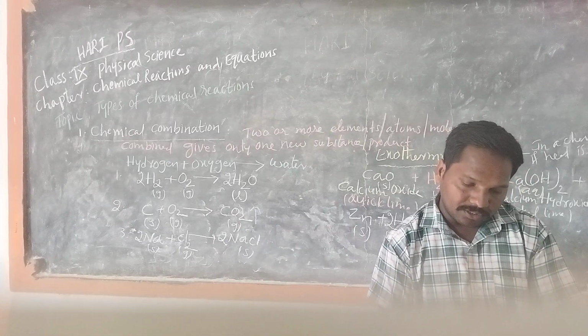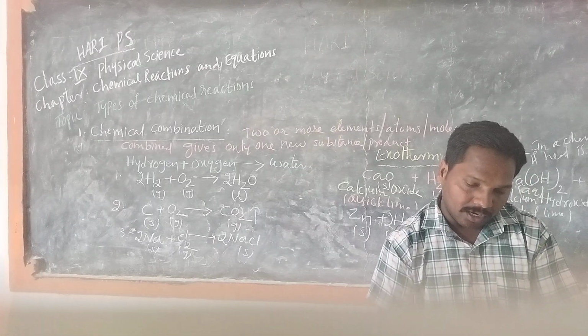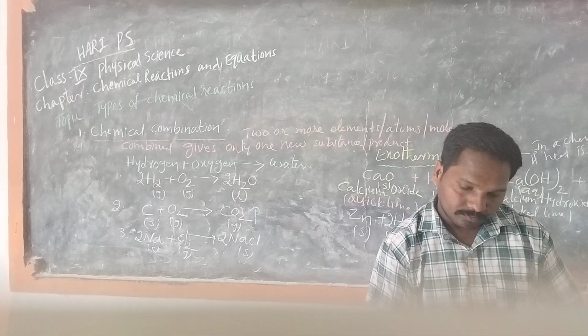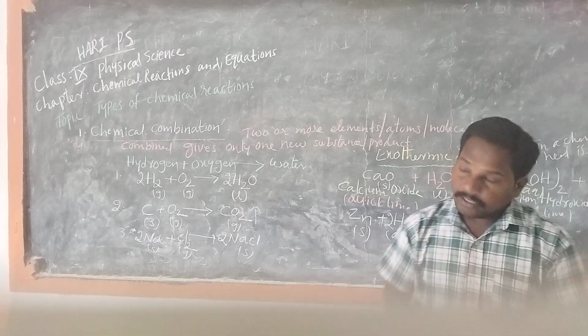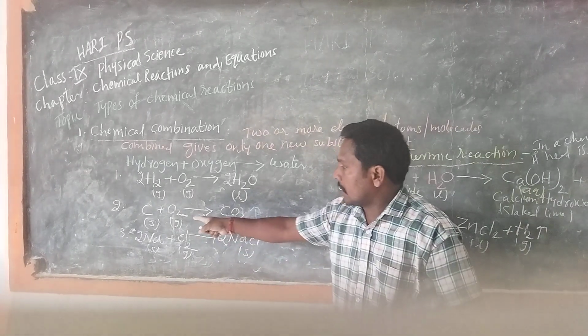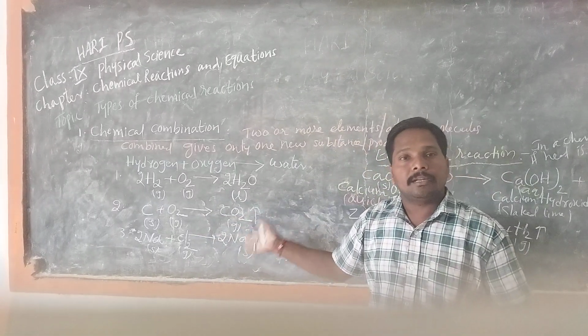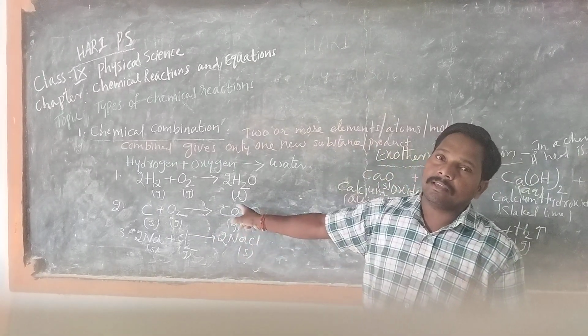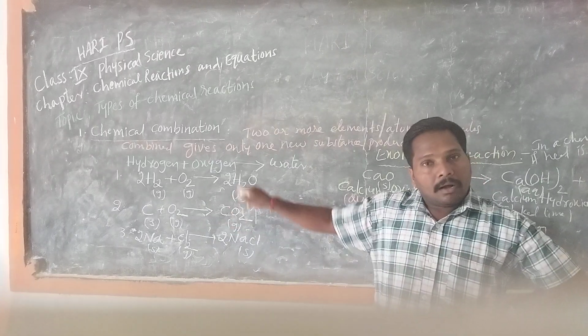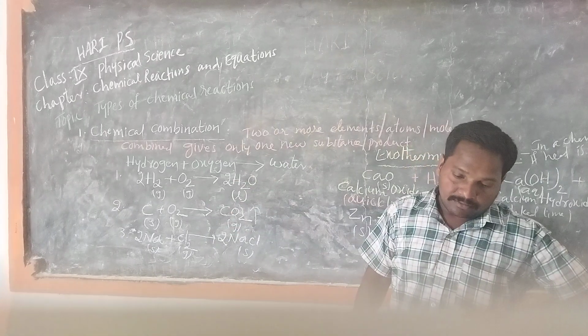During a chemical reaction, is heat energy liberated or not? Carbon reacts with oxygen and forms carbon dioxide. In this also heat energy is released. So it is also one of the examples of exothermic reaction.